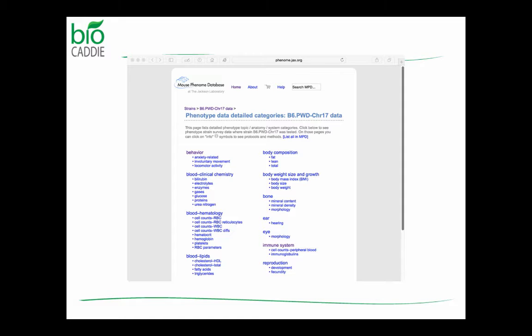And look at how rich that is. We know about the behavior of this strain, we know about its hematology, we know about its reproduction, we know about its immune system, and there are data sets about all of that stuff. One of the points here is we've got an opportunity with human data.